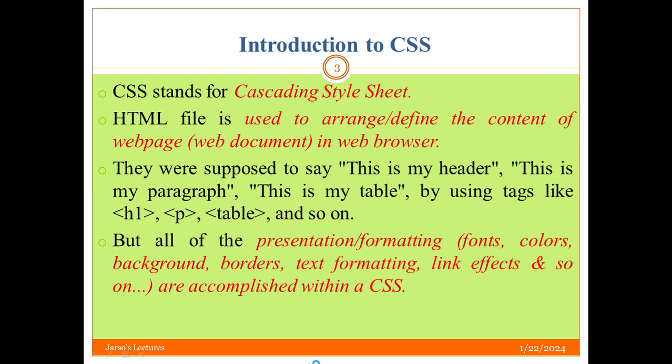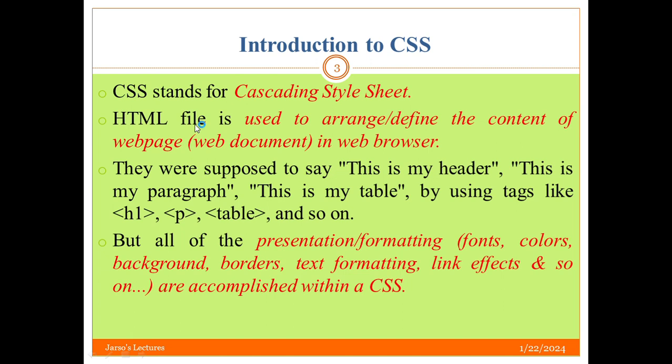This CSS, or cascading style sheet, is used to format or change the format of an HTML element, which is already defined by an HTML tag. What you have to bear in mind here is that two points are there.